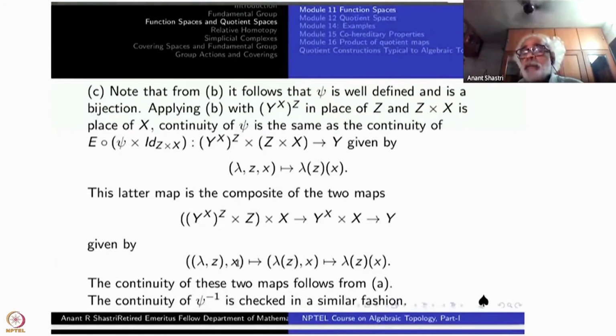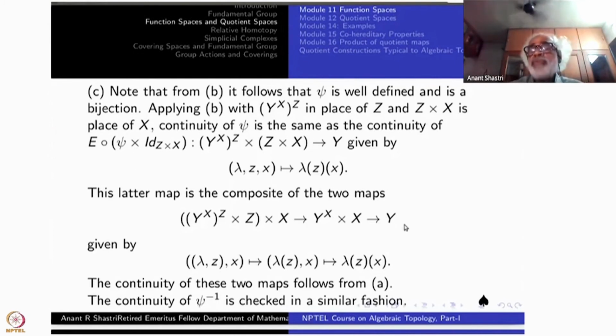So it is like evaluation carried twice. That is why, again from A, it is continuous. And from B, this will be continuous. So that proves that the evaluation map is continuous. Therefore, psi is continuous.